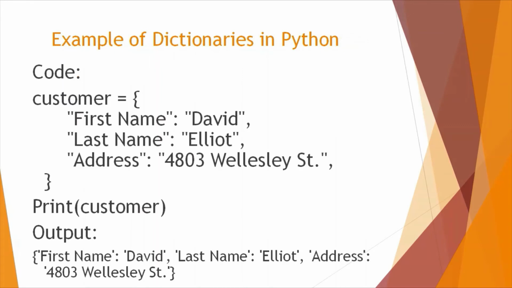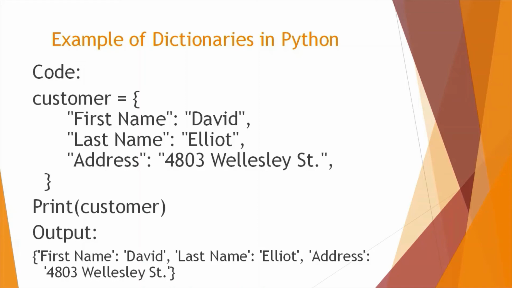So here's the example code of dictionaries in Python. I have declared the dictionary as customer. The dictionary name is customer equals to braces open. The item key here is first name, colon, David is the item value. Then comma, last name is the item key, colon, Elliot is the item value, comma, address, colon, 4803 Wellesley Street. I'm sorry if I pronounce it wrong.